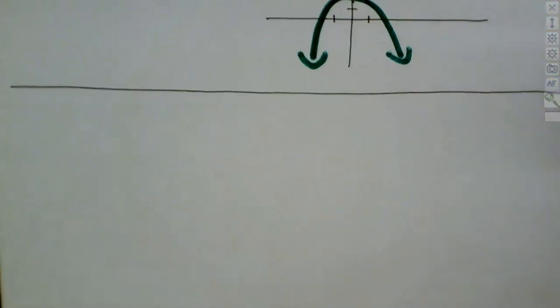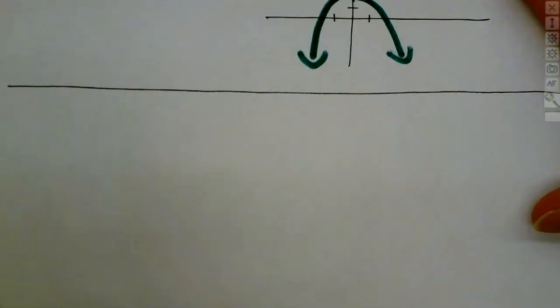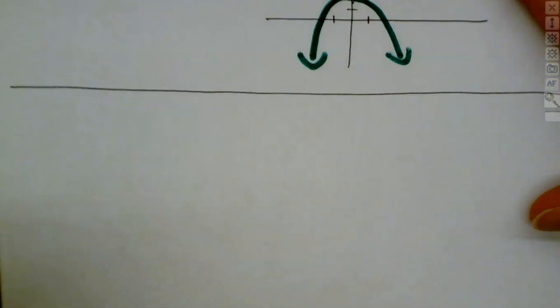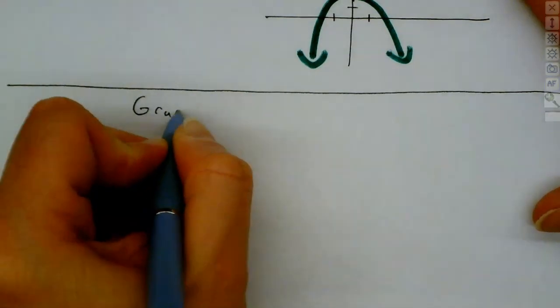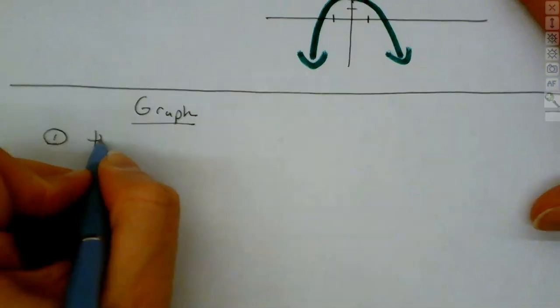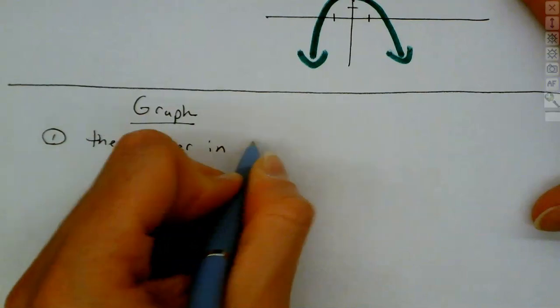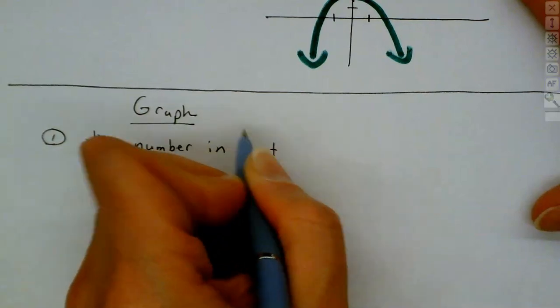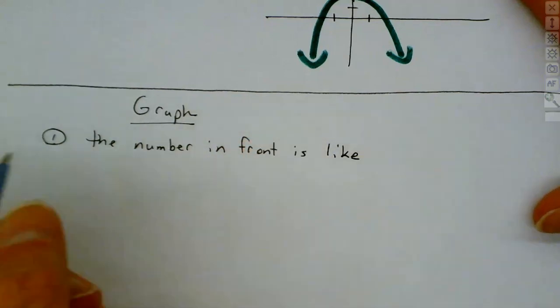Now let's review what we've done before, and now we're going to be moving it left and right. So let's do a little bit of review, and then we'll add on how to move it left and right. So when we go to graph, step number 1, the number in front is like the slope. Okay, so it's going to be similar to the slope.